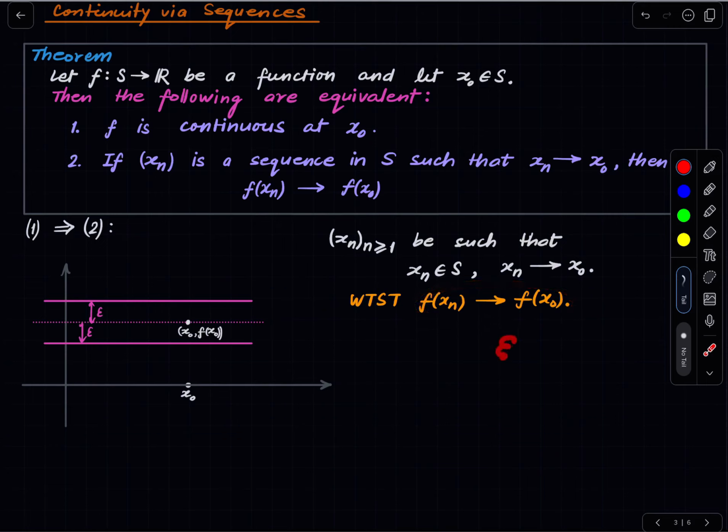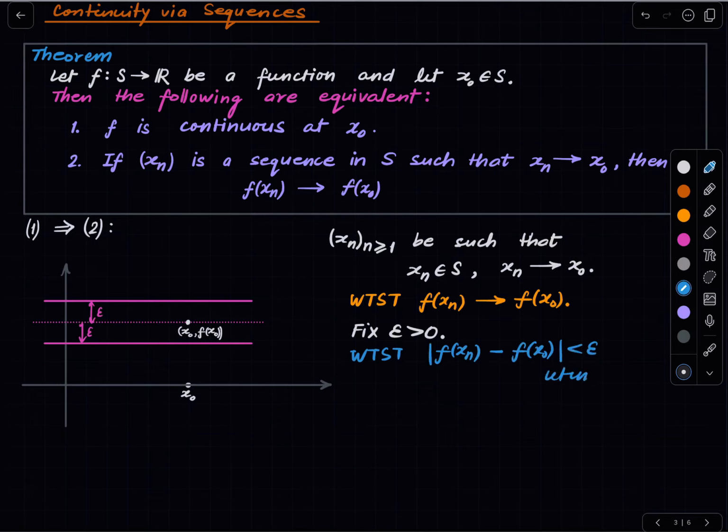We fix some epsilon greater than 0, and we want to show that ultimately f(xn) is within epsilon of f(x0). I've just used the definition of convergence. So this is what we will do.